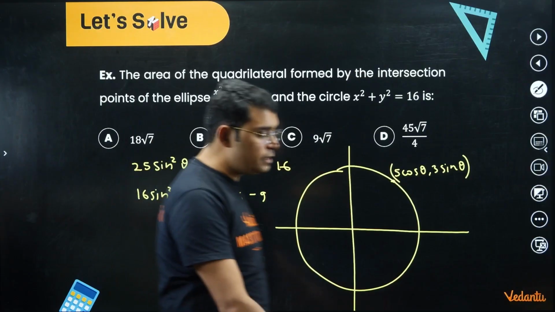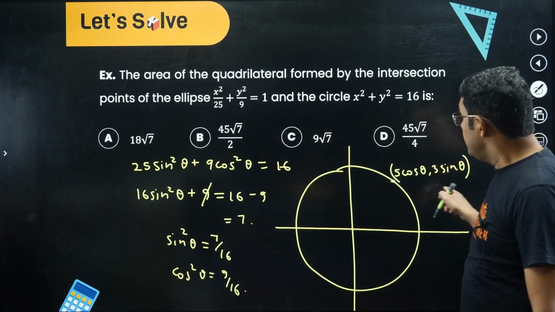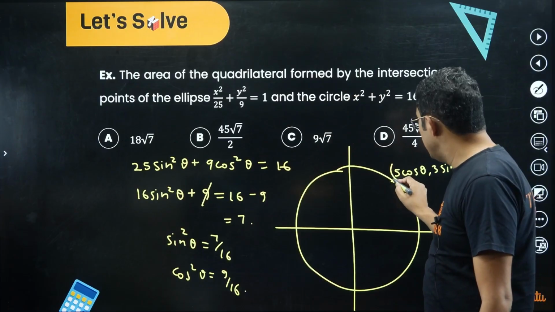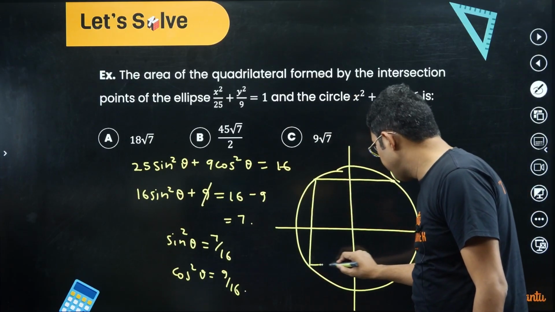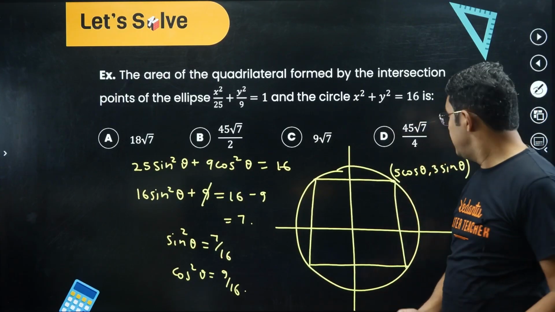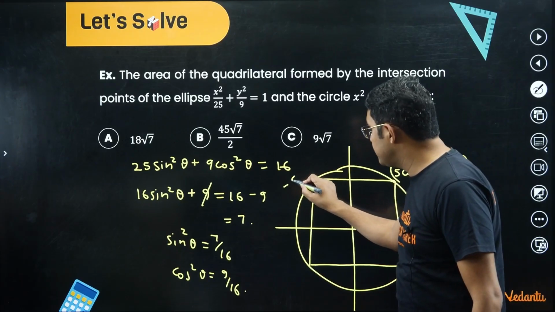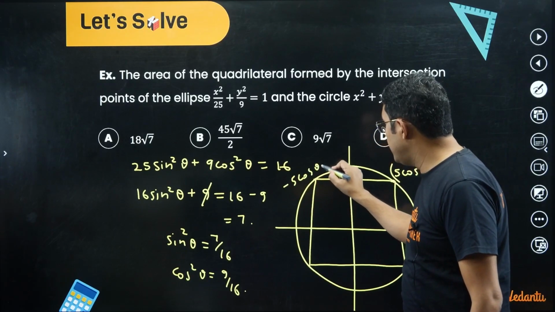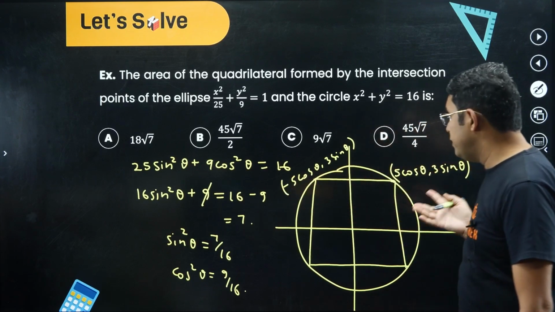Okay, now dear students, we can say by symmetry, if this is one point of intersection of the ellipse with the circle, the quadrilateral that we are going to get should be of this form. It has to be some rectangle, because if this is 5 cos theta comma 3 sin theta, this will be minus 5 cos theta comma 3 sin theta, because only the x coordinate will become negative, y will be the same.